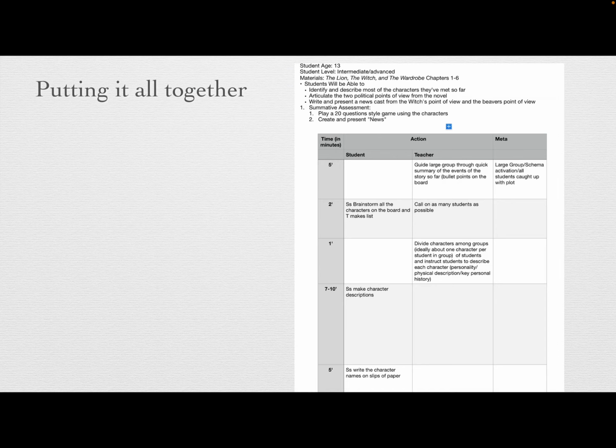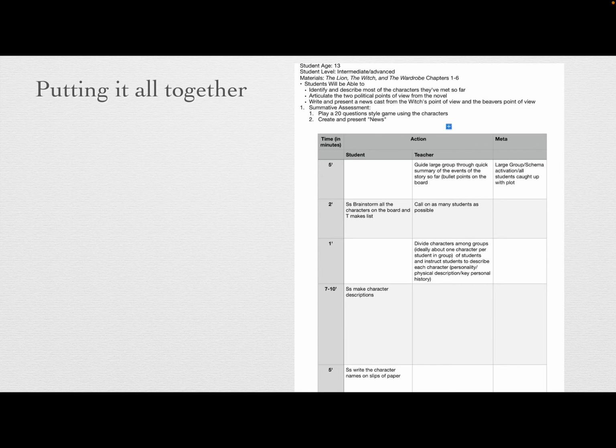So this lesson that I have today is, first of all, for intermediate advanced students. Now, there's actually nothing intrinsic to this lesson that means it is for advanced students. It's more the style.